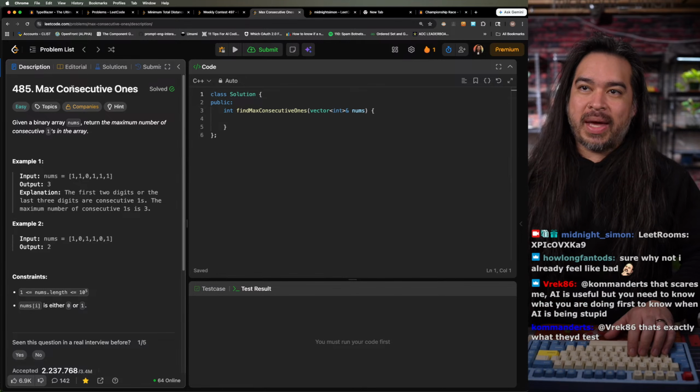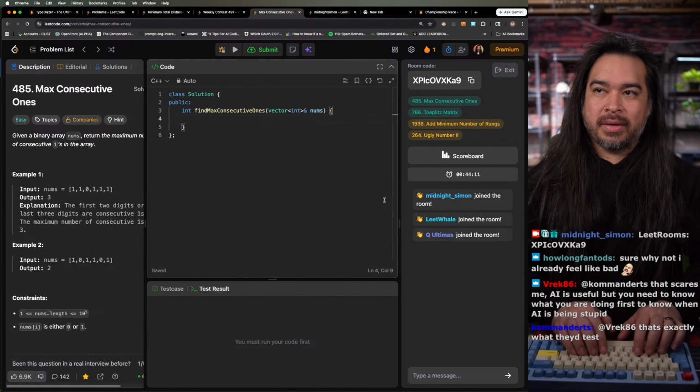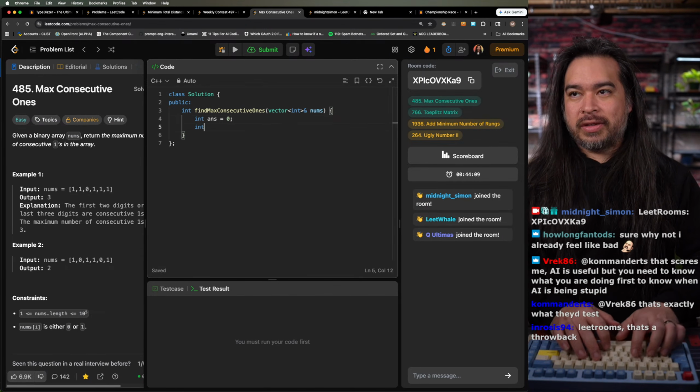All right, max consecutive ones. Given a binary array nums, return the maximum number of consecutive ones in the array. Let's do that. We'll keep track of our streak.